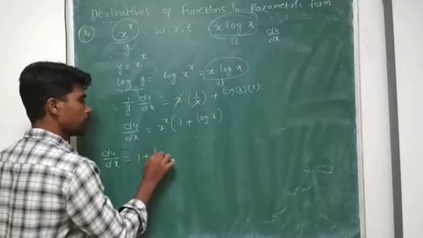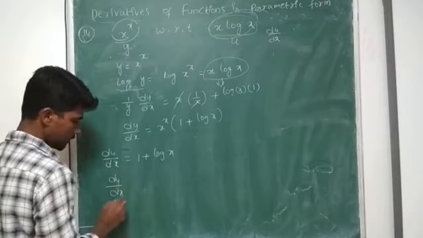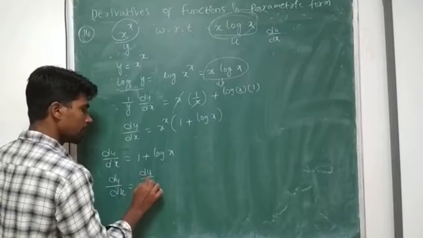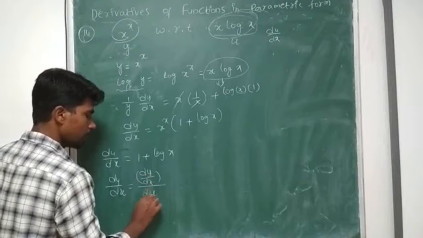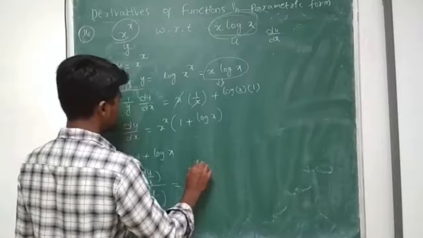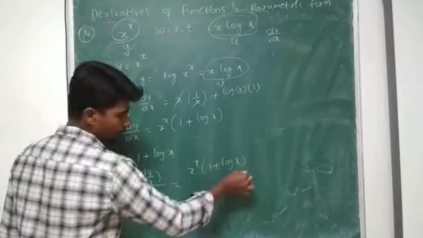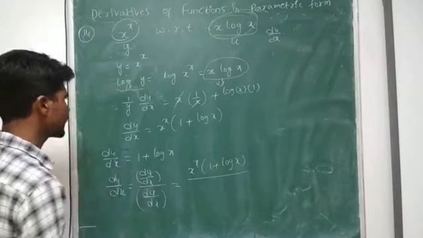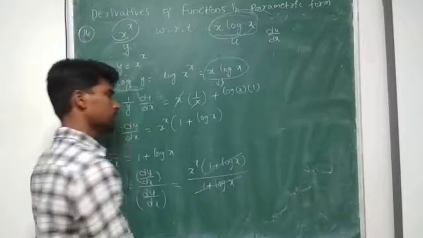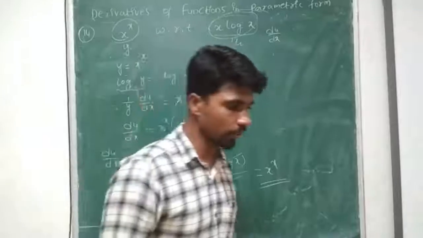Now dy by du is equal to dy by dx divided by du by dx: x to the power of x into 1 plus log x by 1 plus log x. 1 plus log x gets cancelled. Our answer is x to the power of x. That's our answer.